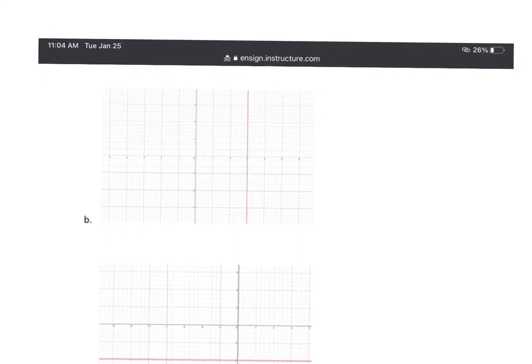Question B on the same problem wants us to find the slope of this vertical line. If you can remember, the slope of any vertical line is undefined. And the main reason that the vertical line has an undefined slope is because if we look at our rise over our run, we are running 0.